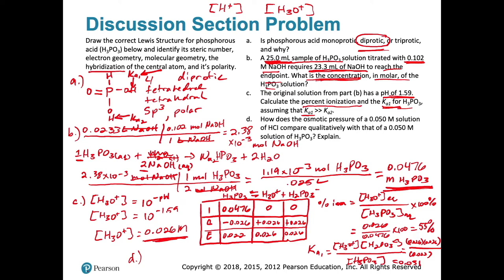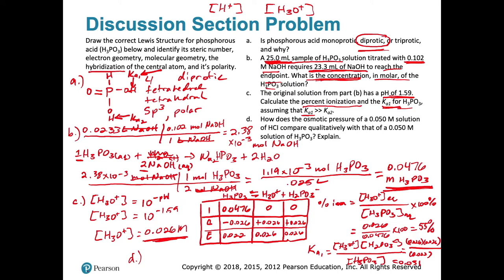And we found from here that the percent ionization of the phosphorus acid is only 55%. So only 55% of the phosphorus acid actually dissolves into the water and becomes particles in the water.